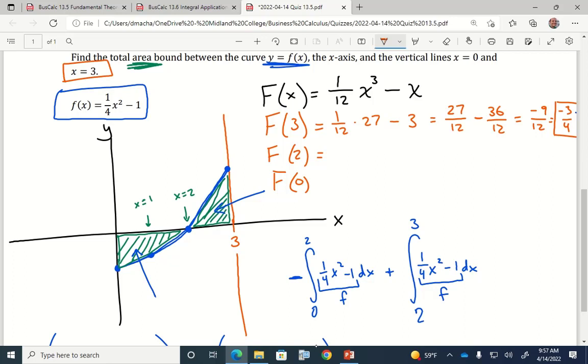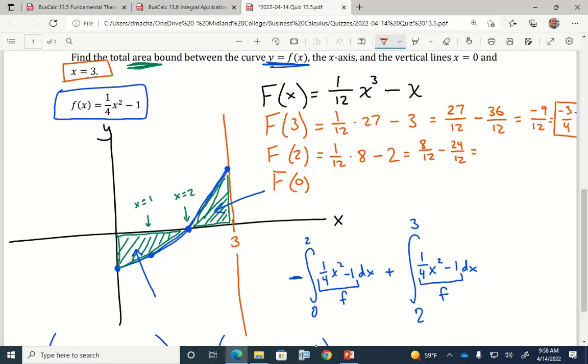Then whenever I plug in x is equal to 2, this would be 1/12 times 2 cubed, where 2 cubed is 8. And then I subtract x, so I subtract 2. So this is 8/12 minus 2, which would be 24/12.